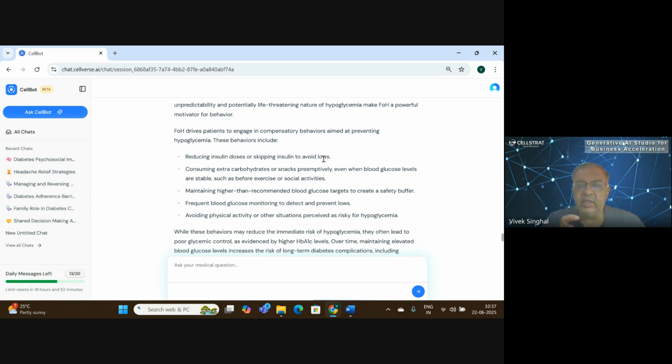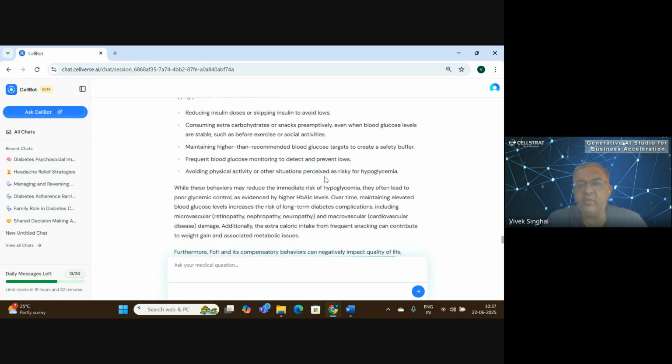So that's why one of the very critical AI solutions which we have to develop for the diabetes world is we have to advise patients in real time how much insulin to take at any point of time. What should be the dosage of insulin injection before every meal? That again is a very massive AI solution which is needed, which we should probably look at as a community at some point.